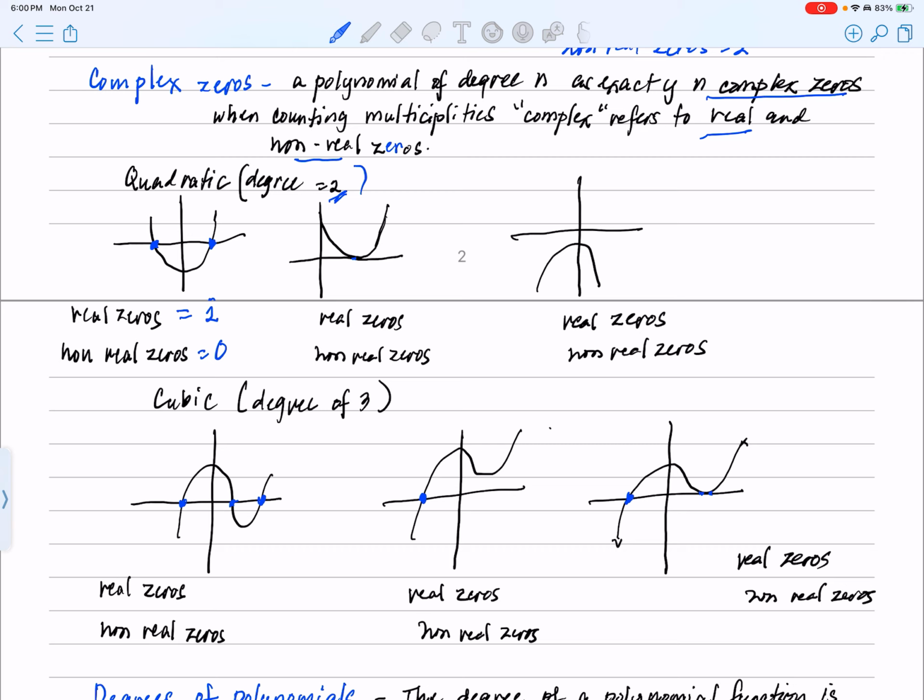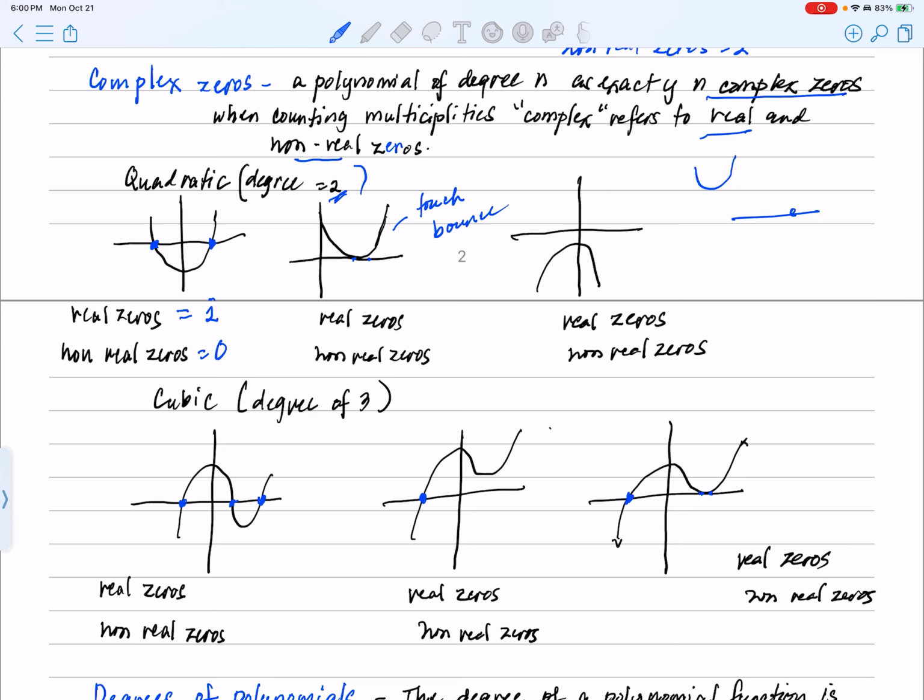In this case, it touches. It just touches, like it bounced. So what did we say? There are 2 values right here.